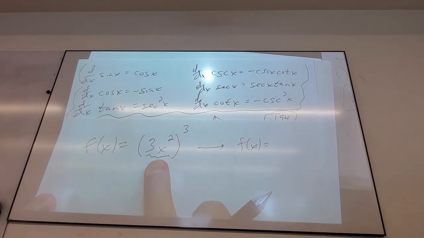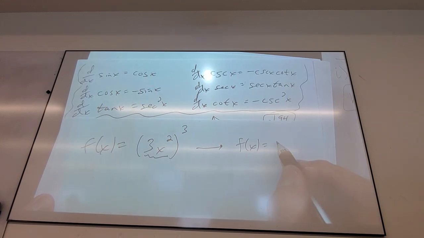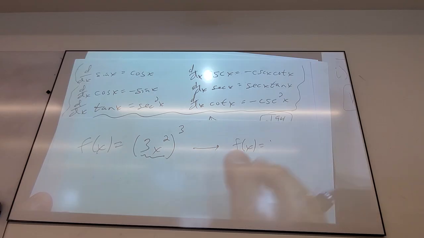What do I get if I simplify this? Do the cube. What do you get? What's 3 cubed? 27. What's x squared cubed? x to the 6th. Good.